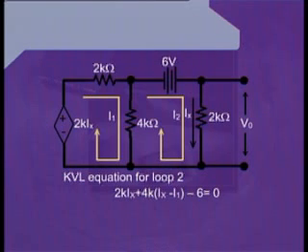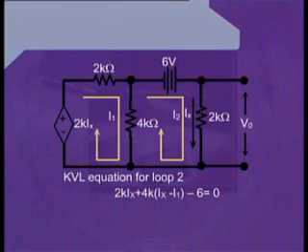After writing the voltage drop across this resistance, we pass through this resistance and reach the left corner of mesh number 2. Now, this point is directly attached to the negative terminal of the 6-volt battery. Therefore, we write minus 6 and equate all these terms to 0.